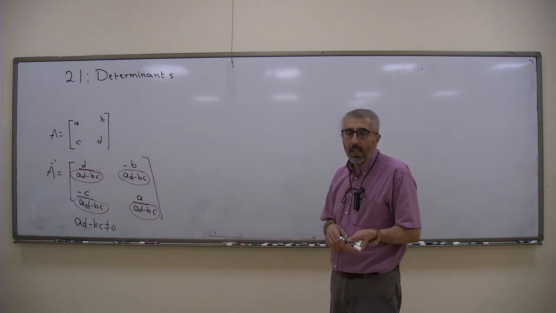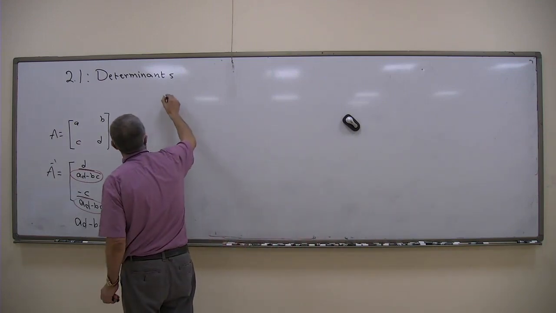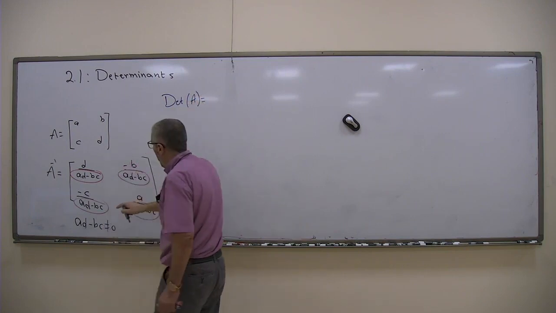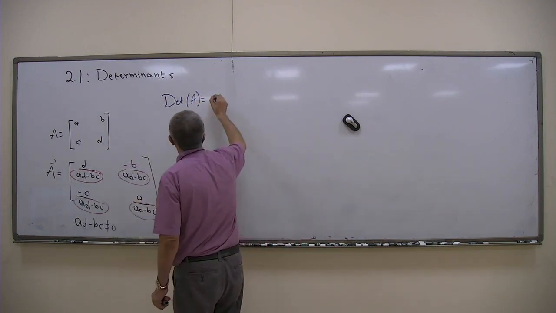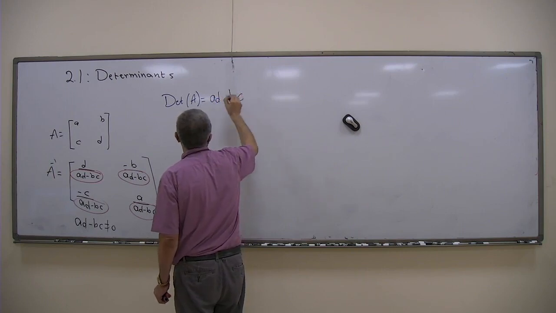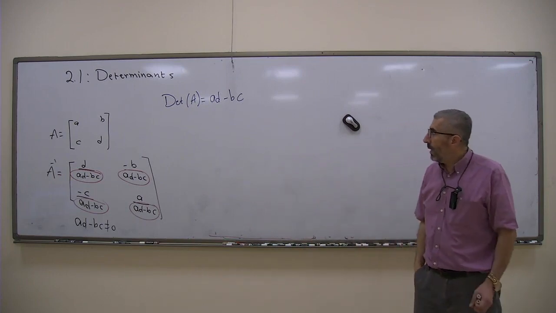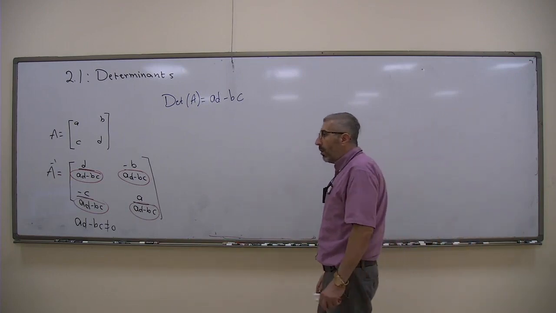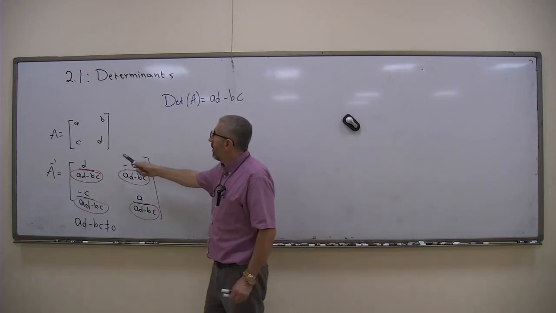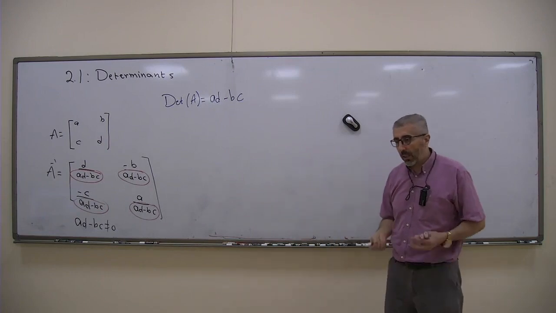This quantity here is what we call the determinant of A. So the determinant of A here is AD minus BC. So basically, if you want to decide whether a 2 by 2 matrix is invertible, all you need is to look at the determinant, okay? AD minus BC.